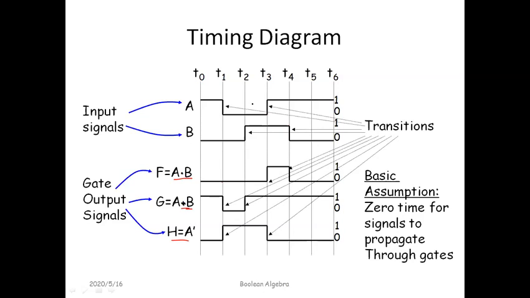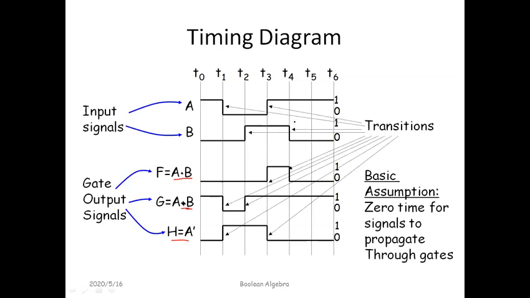So from 3 to 4, both signal A and signal B are high. And because both are high, we expect the output to be high. So this is the reason why we have a high.